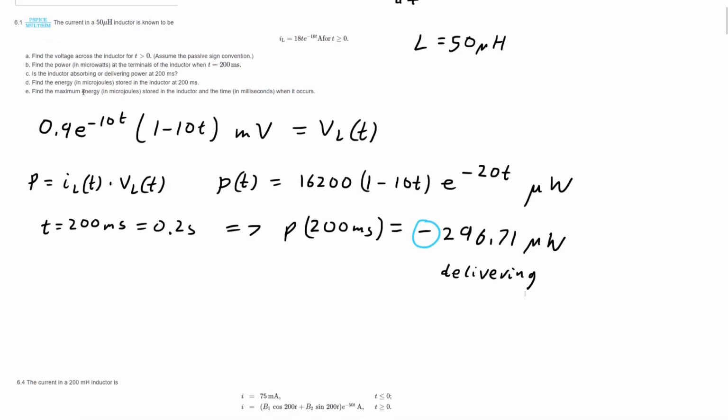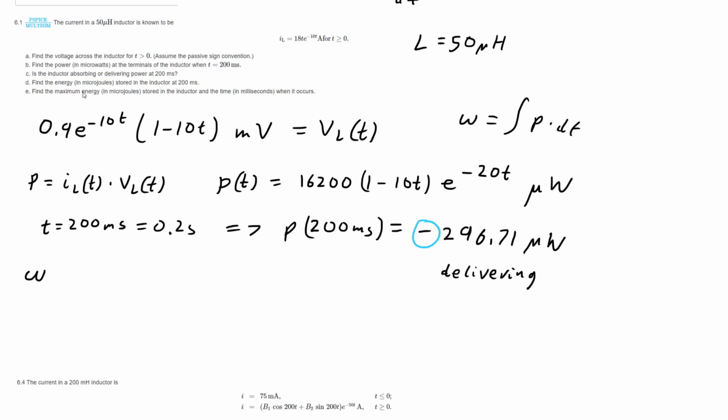So now we want to find the energy in microjoules. We're going to do the same thing, except remember work is going to be power integrated over time. I integrated all of it.